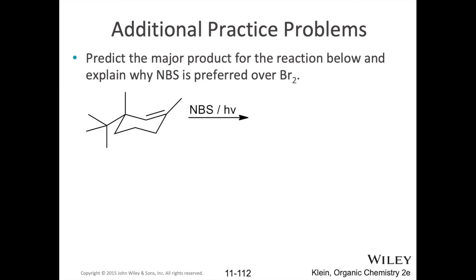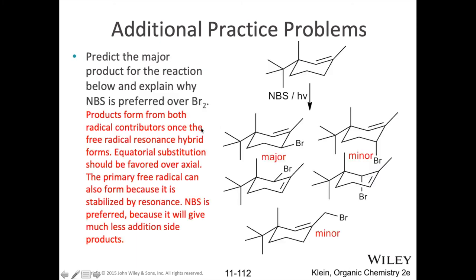Okay, so feel free to pause this and ask yourself, what is the product you get with just a bromine radical substitution using NBS? Okay, so with that alkene, you have to keep in mind that we have some allylic positions that can take on that bromine, right?